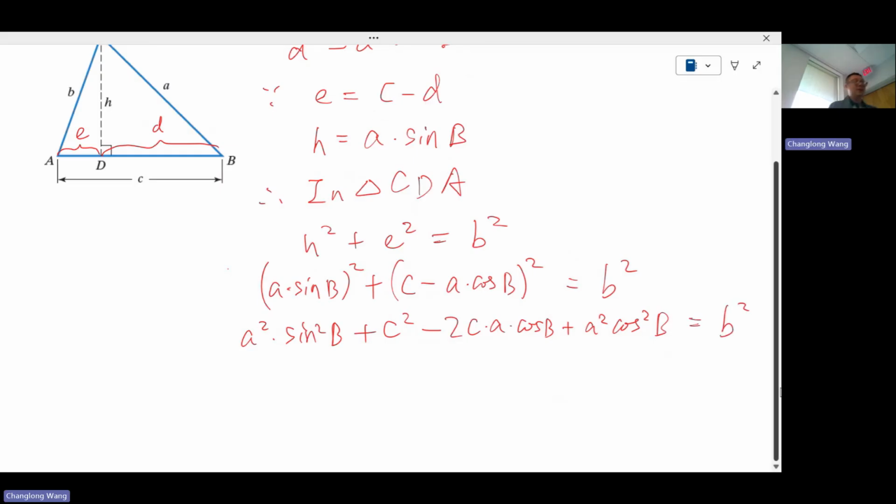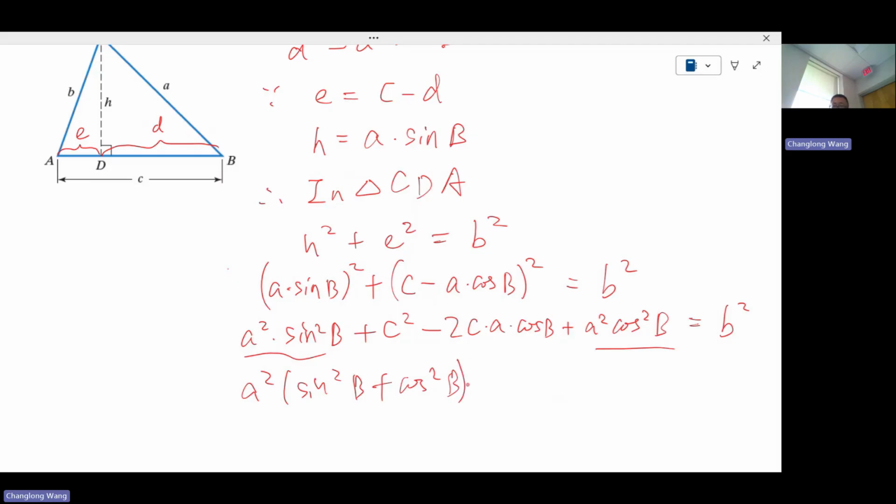So now, I guess you guys can still do that, right? But again, what makes it different from a mathematician? You keep an eye on things you could simplify. You guys see that? Put those two terms together, what do you get? Those two terms add up to be a squared factored out, sine squared b plus cosine squared b, right?